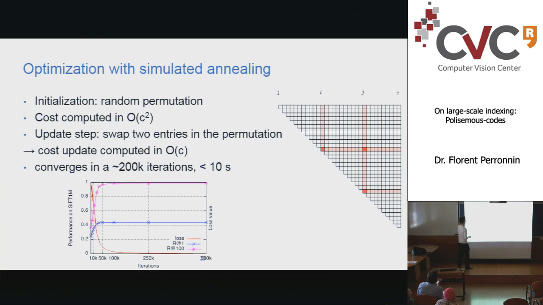This is a simple simulated annealing procedure where we randomly sample two indices, try to swap them, and if there is an improvement in the objective function, then we update with a certain probability. Not necessarily, but with a certain probability. And for the data we had, this is a very fast process. It takes a couple of seconds on your standard CPU, so it's really negligible.